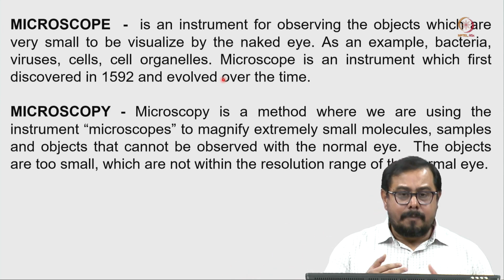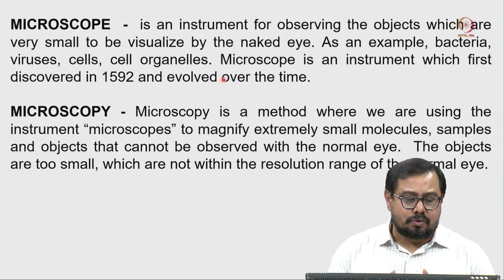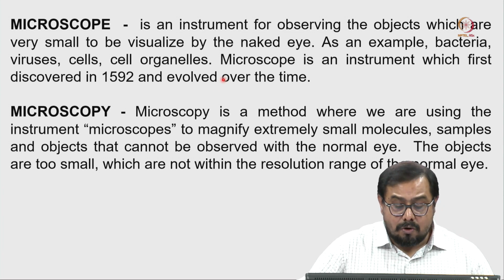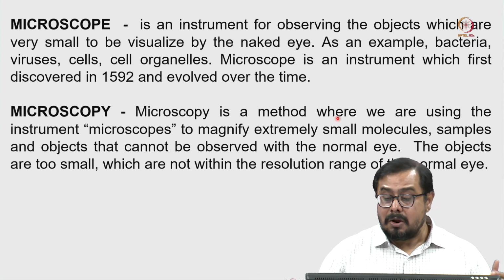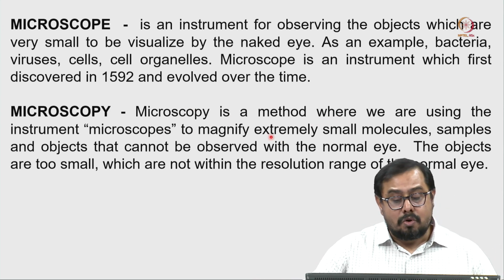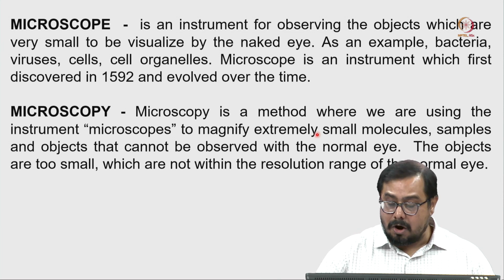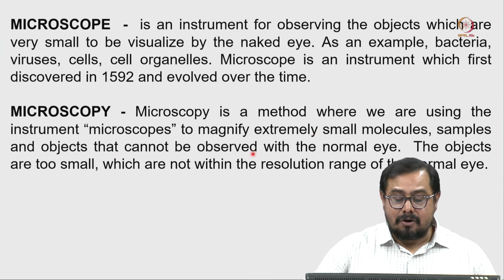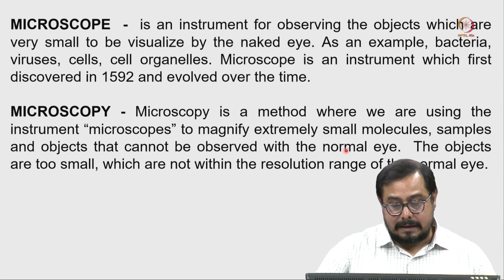Now a lot of the time we mix up these two terms, microscope and microscopy. Microscopy is a method where we use this instrument called a microscope to magnify extremely small molecules, samples and objects that cannot be observed with the normal eye.